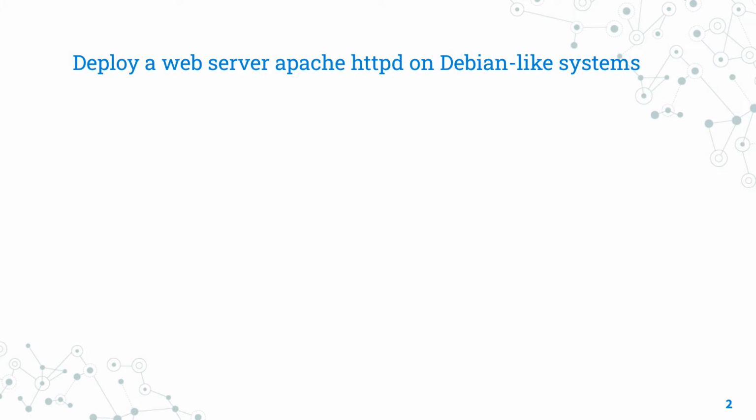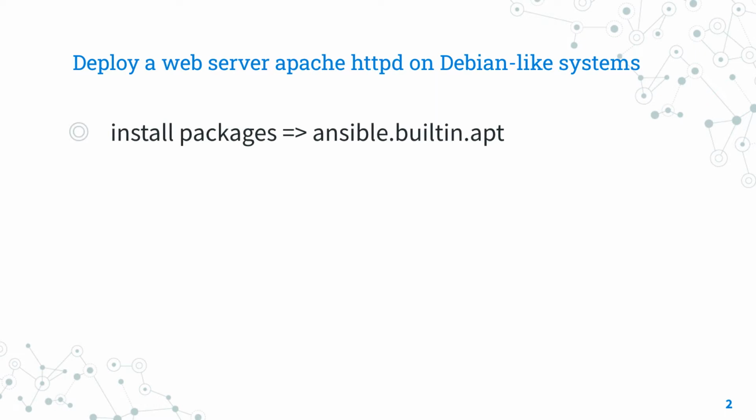Today we are talking about how to deploy a web server Apache HTTPD on Debian-like Linux system. The full process requires 4 steps that you could automate with different Ansible modules.